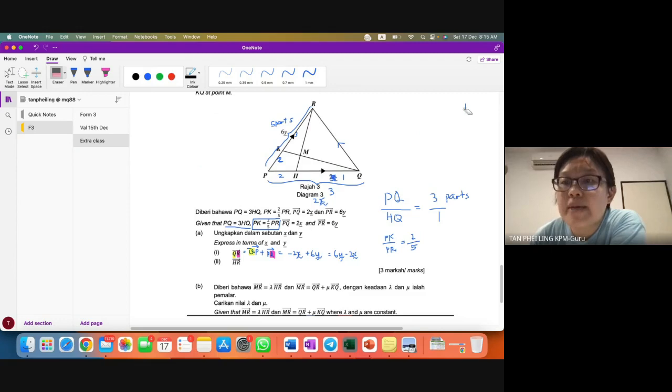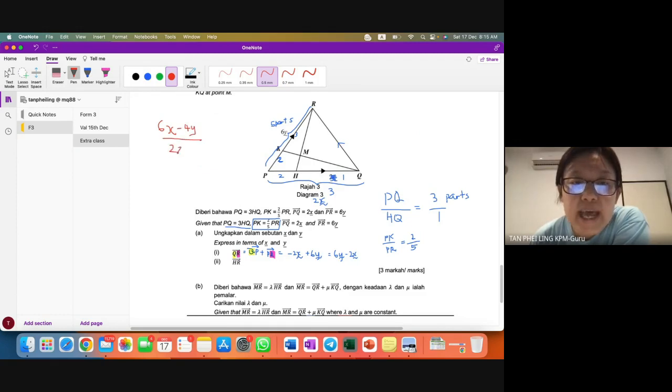Okay, I give you one example of when you can simplify in an expression. Let's say you have 6x minus 4y over 2z. This one, can you simplify or not? This is an expression, but can you simplify it?